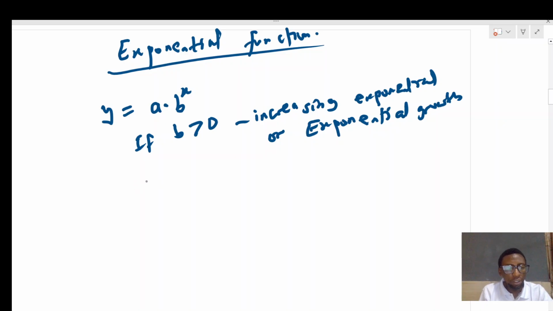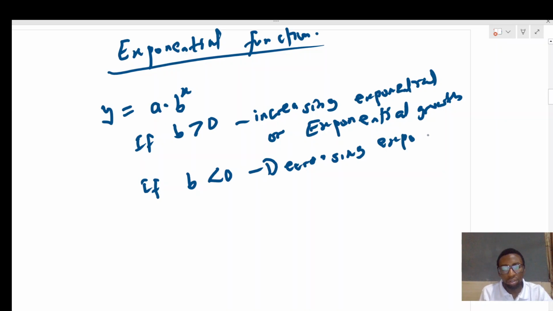Then if b is less than 1, it is decreasing exponential, or you call it exponential decay.